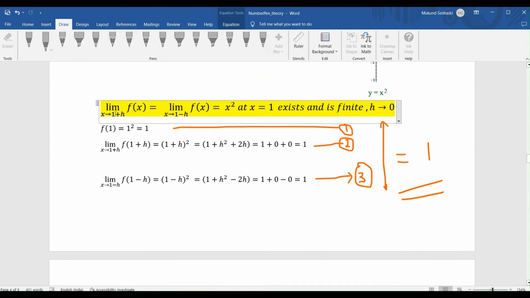At x equals 0, we will just replace this by 0, and my f of 0 is 0. And my right hand limit of 0 plus h, that's going to be 0 plus h square, which is nothing but my h square, which makes it 0 again.